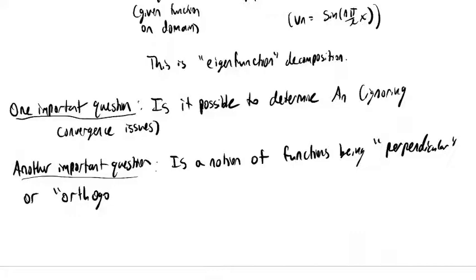Orthogonal is just a fancy word for perpendicular, but it's commonly used in linear algebra, so I wanted to use that here. That would allow us to find a formula similar to what we saw above, or say an easy formula for the an's.